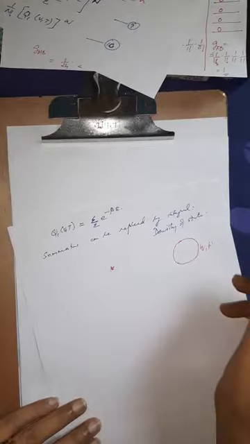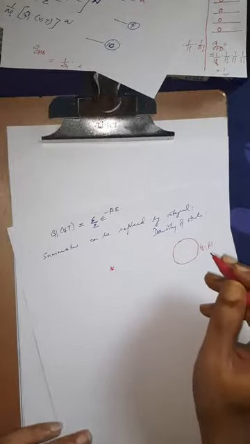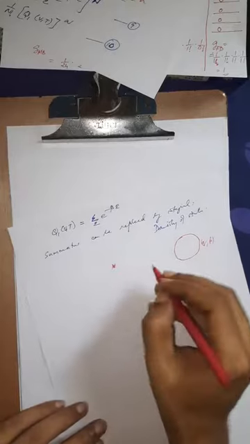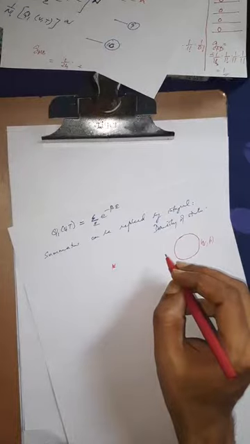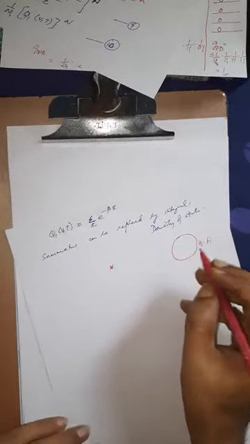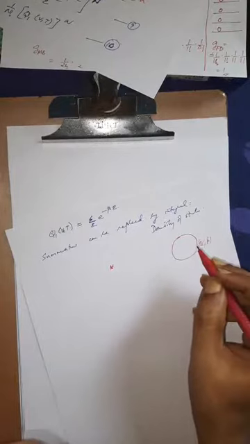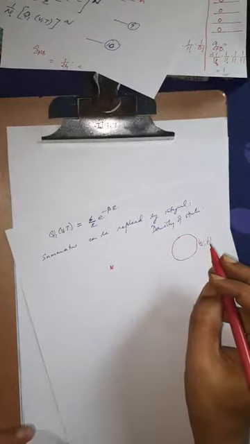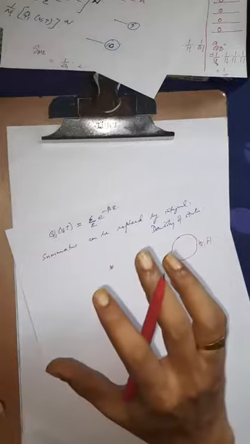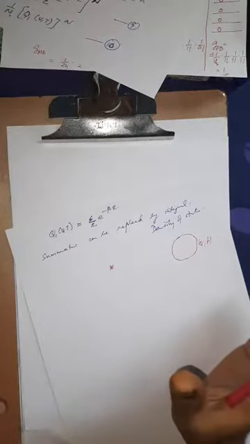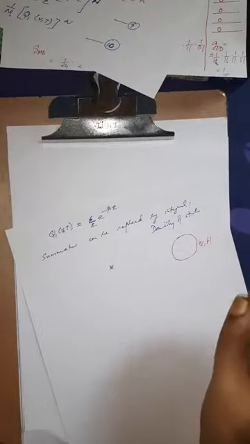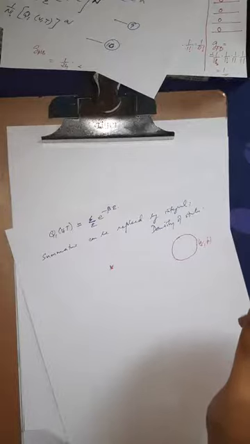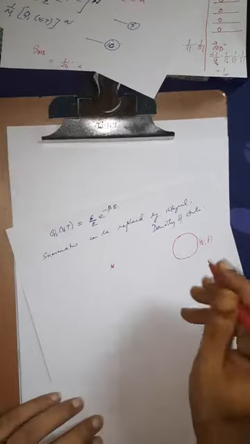If we have to calculate the density of states, the density of states can be approximated as the total volume divided by the volume of each of the constituents, right?